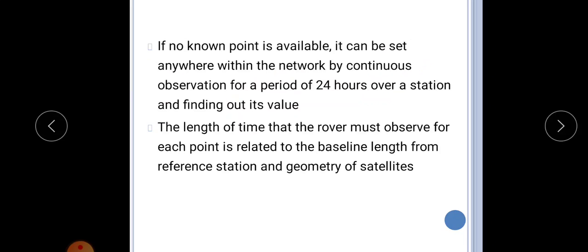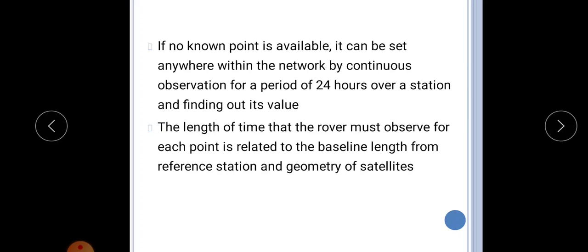And if no known point is available, it can be set anywhere within the network by continuous observation for a period of 24 hours over the station and finding out its value. That is, if there is no known point, we can place the receiver on the unknown point and wait for 24 hours. Then we will get the position details of that point.